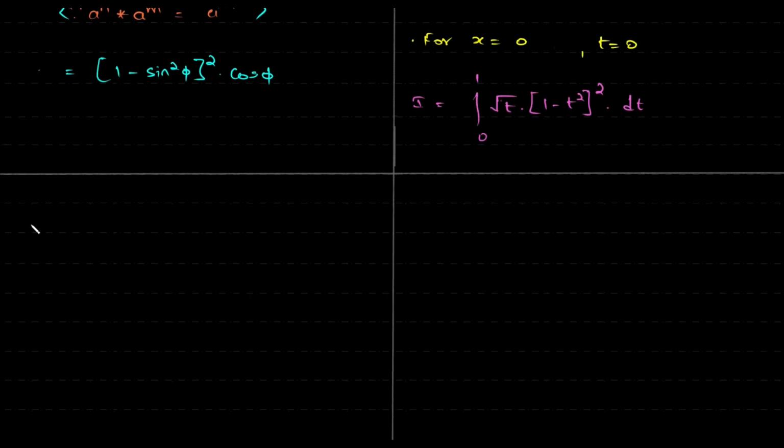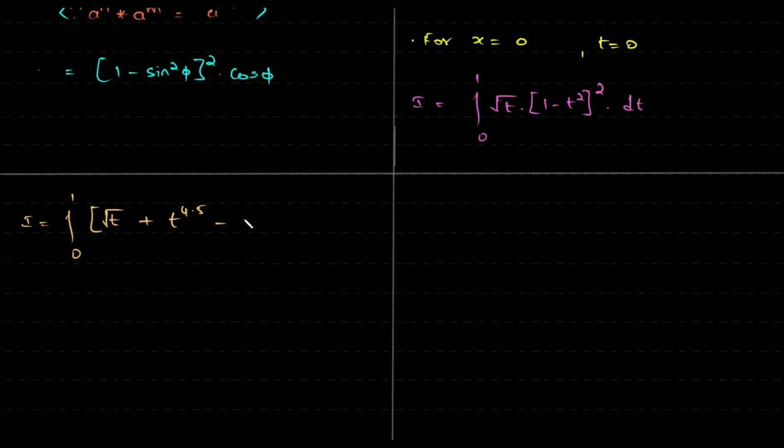And after this you know what to do. Expand this and then multiply with root of t. My advice is to try to do it in your head and directly. What I mean is this: (a minus b) the whole square is a square minus 2ab plus b square, which we have to use over here. Along with that, root of t has to be multiplied. So we have a square, which is 1, into root of t, plus b square, which gives t to the power of 4 plus half, that is t to the power of 4.5.